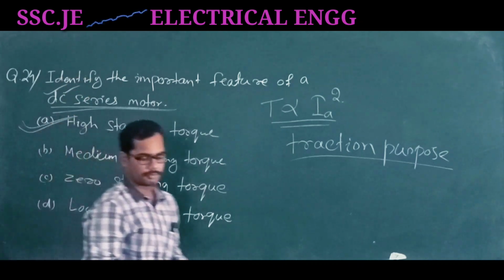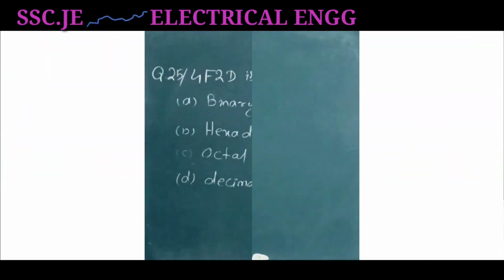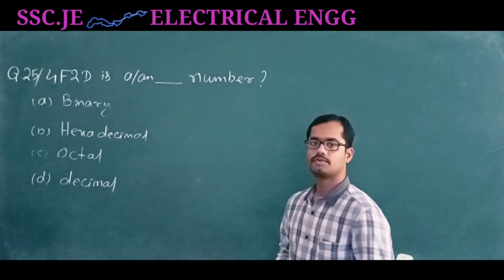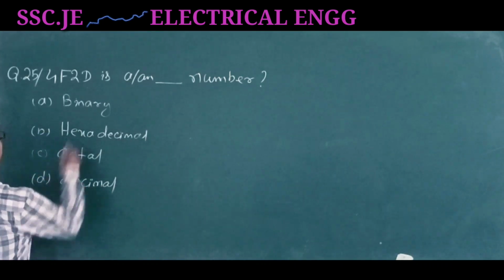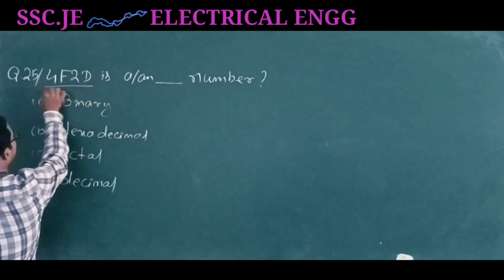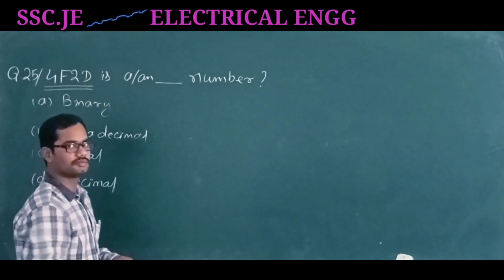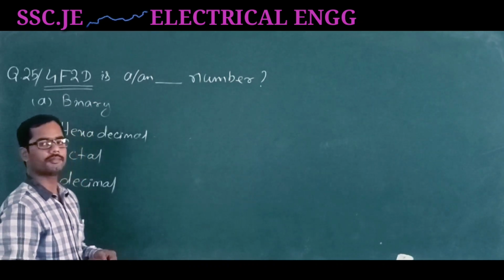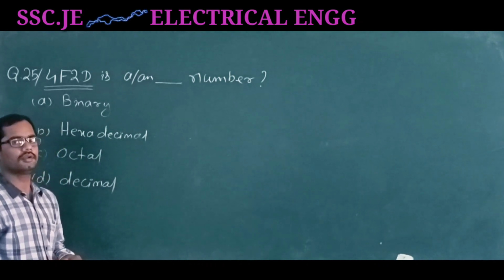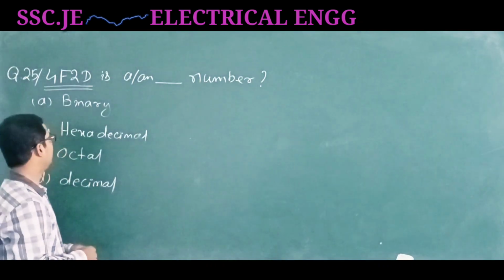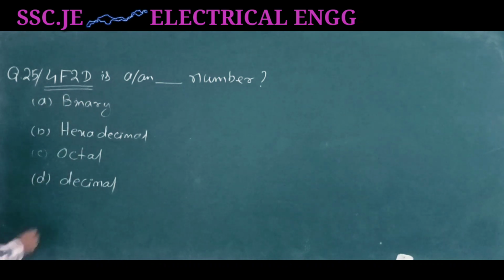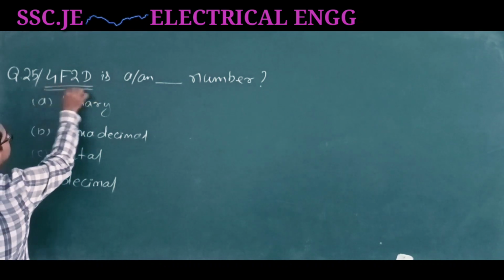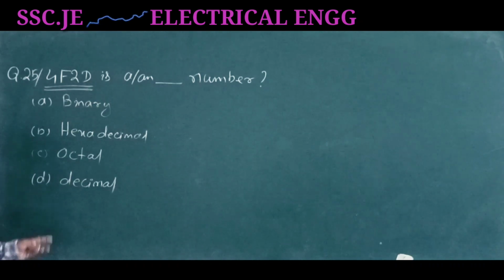So moving to the next question, question 25. The question is 4F2D, it is a dash number. We know that in our number system we have 4 types of number: binary, decimal, octal and hexadecimal. The options are there also. From these we have to choose which type of number system this is.